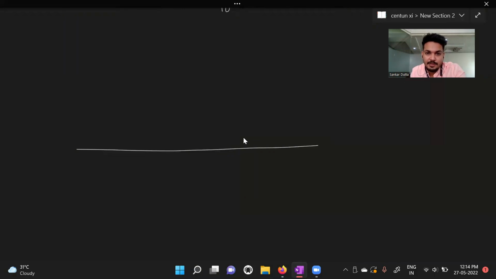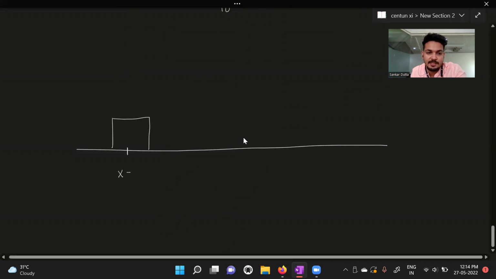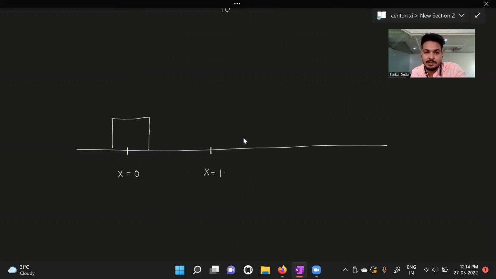Imagine you have a block and you know the distance. Let's say this is located at x equal to 0. So this is the distance from where it is located. This is x equal to 1 meter. So when the block has traveled from 0 to 1, it has traveled 1 meter. Then it goes to x equal to 2 meter, right? And let's say this reaches x equal to 3 meters.